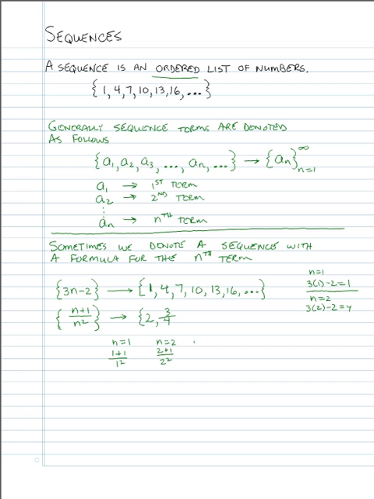If I wanted the third term, I'd have to let n be 3, so that would be 3 plus 1 over 3 squared, which of course is 4/9. And then next, n equal 4, that'd be 4 plus 1 over 4 squared, and so that would be 5/16.